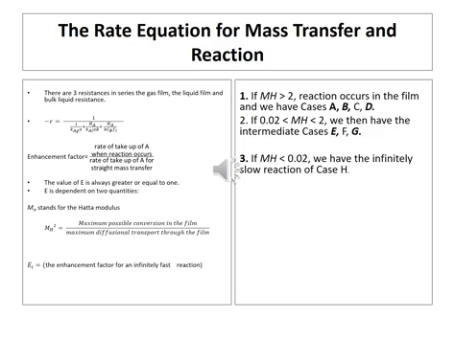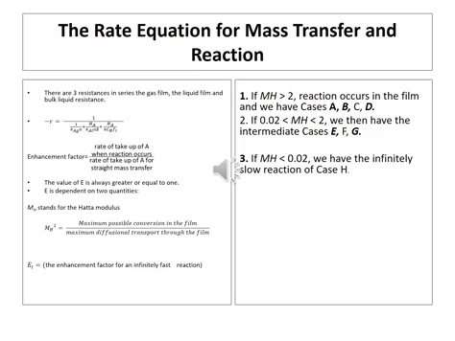This is based on the overall rate equation. So this is our overall rate equation. It is made of 3 resistances in series. We have the gas film, we have the liquid film, and we have the bulk liquid. All the terms in the equation should be familiar except for E. E is called the enhancement factor, and this is the rate of uptake of A when reaction occurs divided by the rate of uptake of A for straight mass transfer.